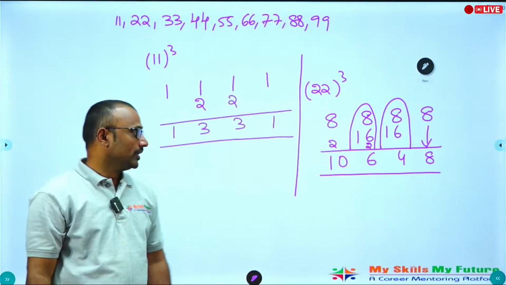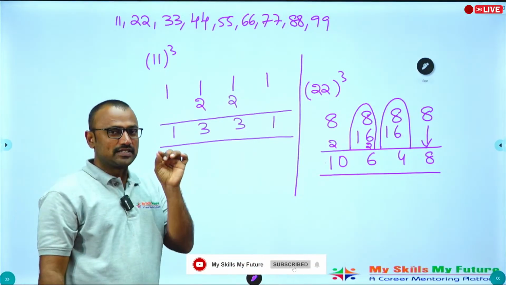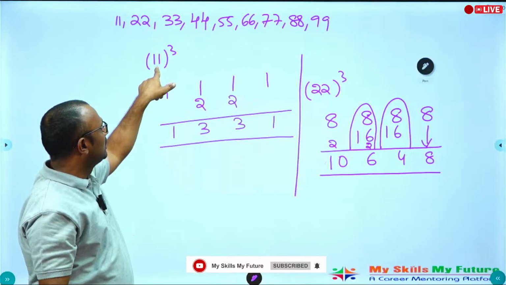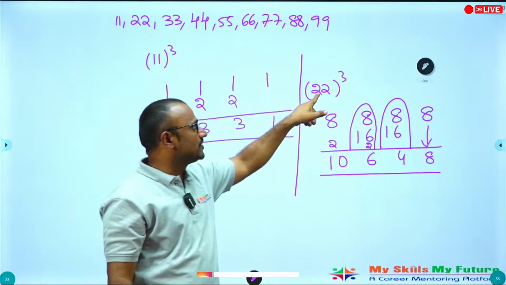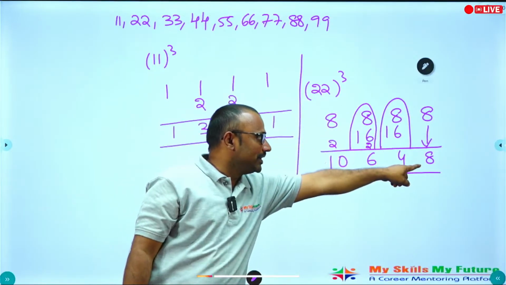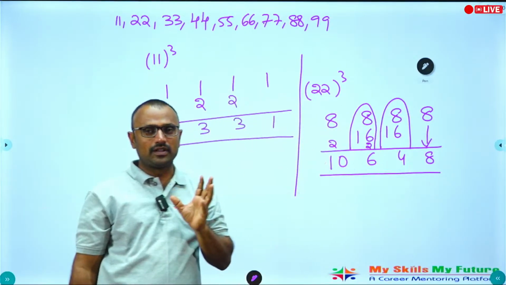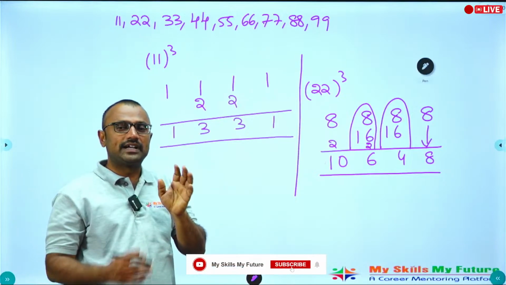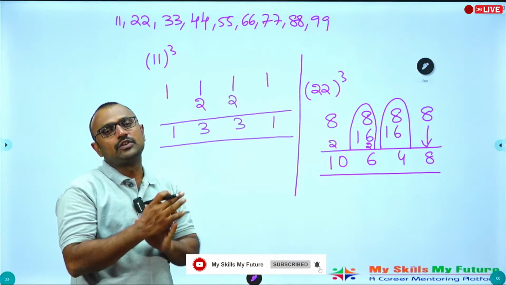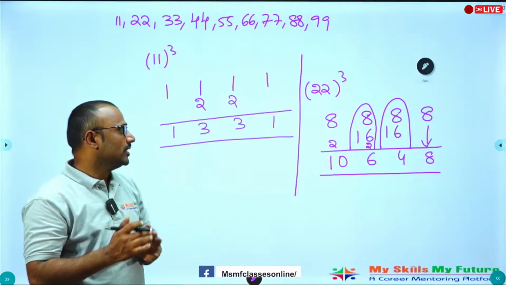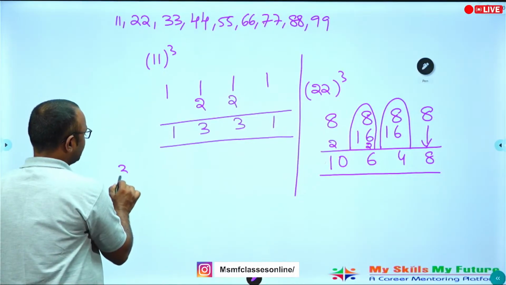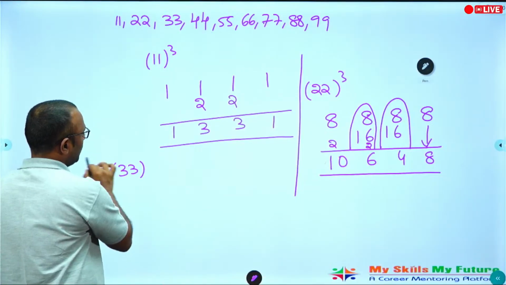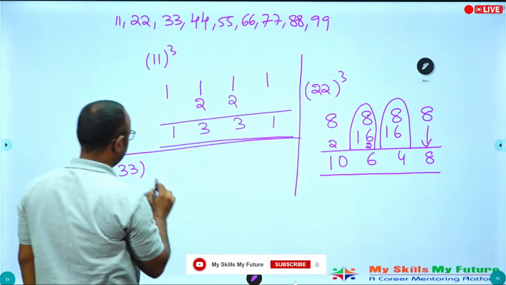Just now we discussed that 11 cube ends with 1, since the unit digit is 1. 2 cube ends with 8, so 22 cube's unit digit is 8. So you must remember the cubes of 1 to 10 and what number comes in the unit place of each cube. One more cube, 33. 33 cube.